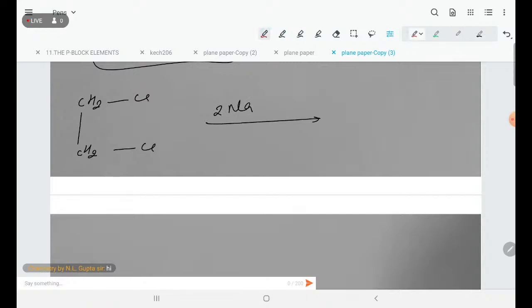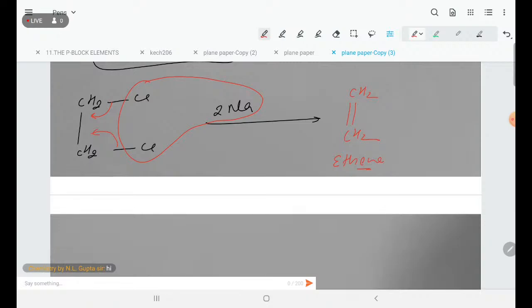So NaCl will be out, and this one electron is out, and this one electron is going out. So what you are going to get is CH2=CH2. This is ethene, our product.